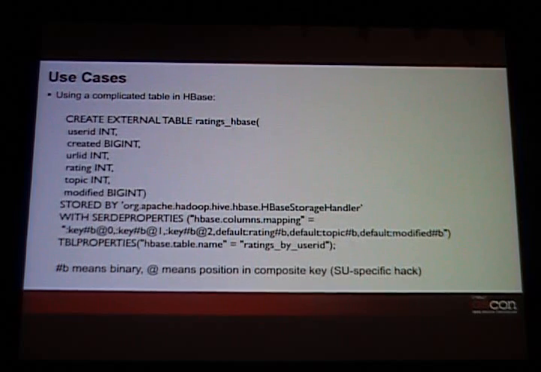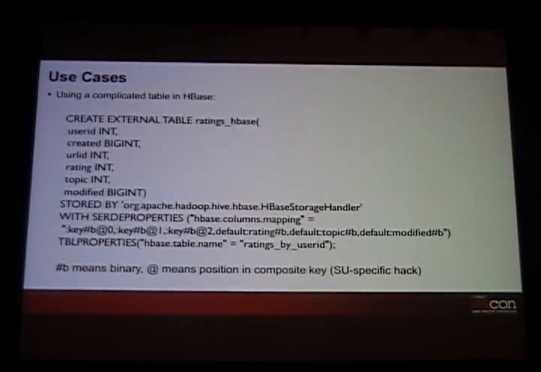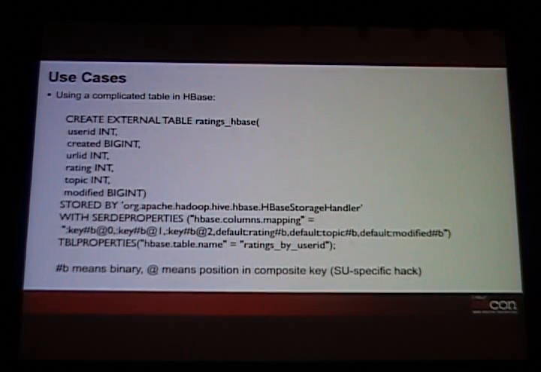It's a StumbleUpon specific hack. This is something I've written just to be able to parse those tables that have composite row keys. But this is how we do it. And then you have all the other columns, which are all binary data in HBase, so it's all #b, #b, #b, #b. That's what it looks like.